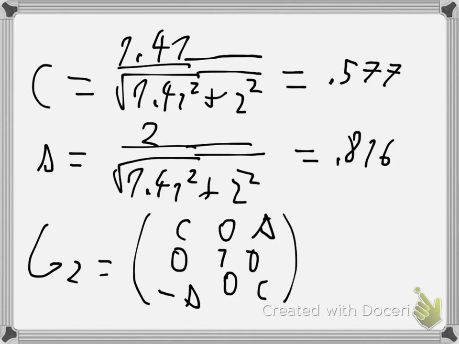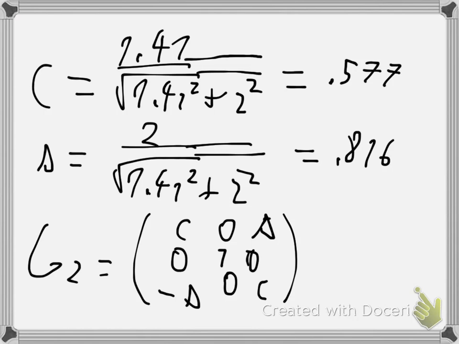I hope you can read it. Okay, and here also it does make sense, because if we want to eliminate the z component of the first vector, we will rotate around the y-axis.